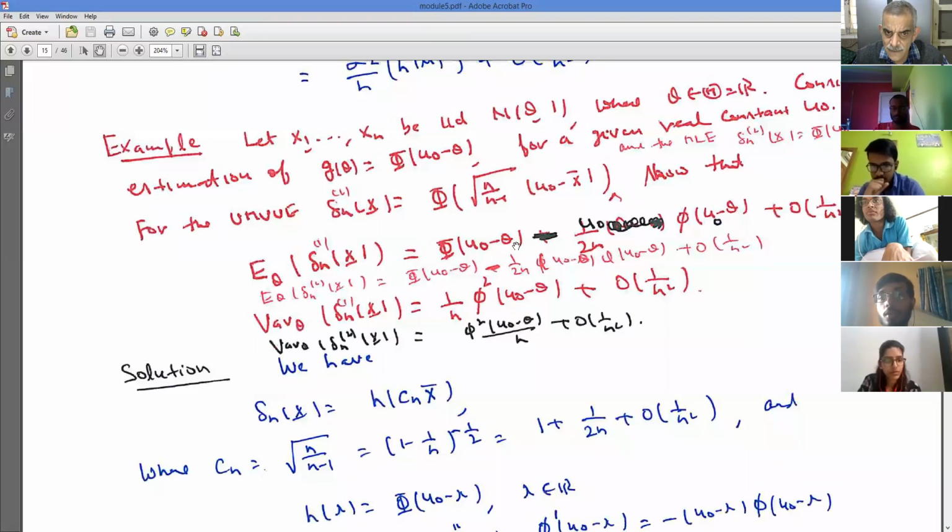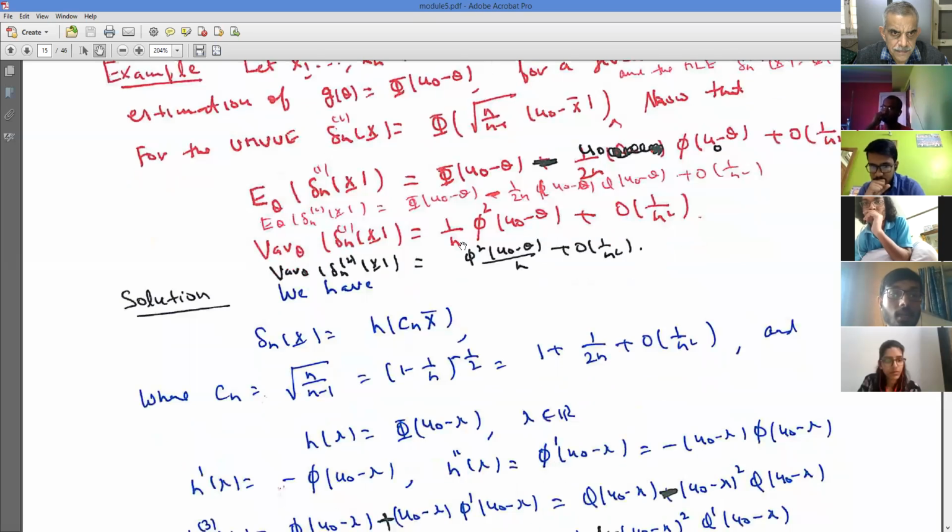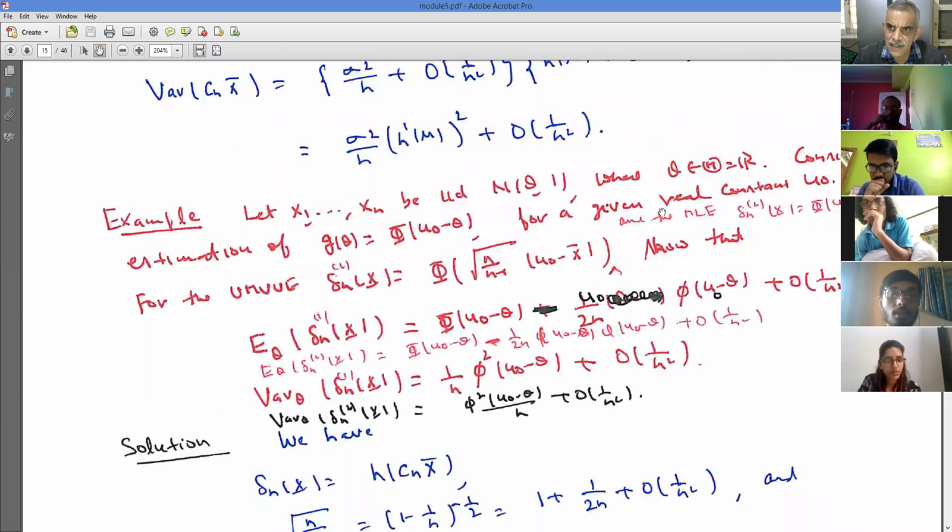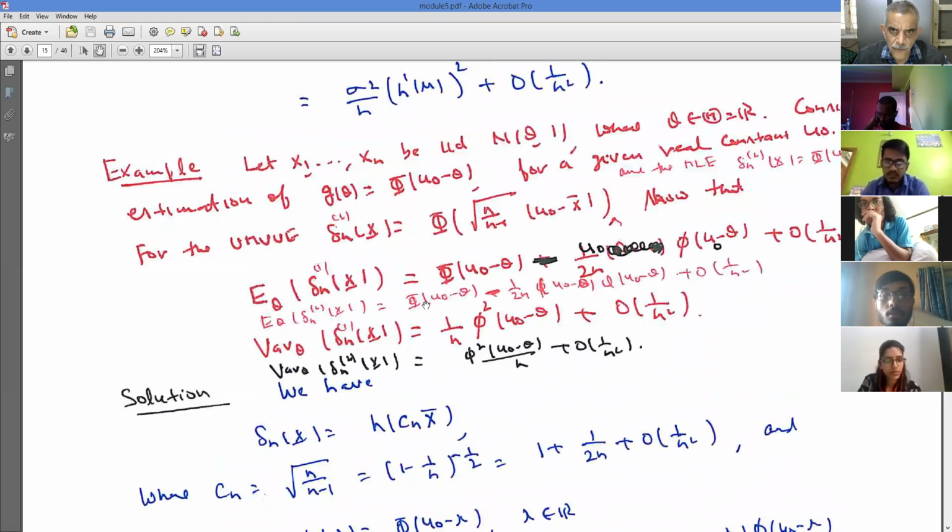But sir, UMVU is also an unbiased estimator for theta. Then why are we proving that expectation of delta n x in that expression later part? What is the need for proving that? As delta n is UMVU, it is automatic.